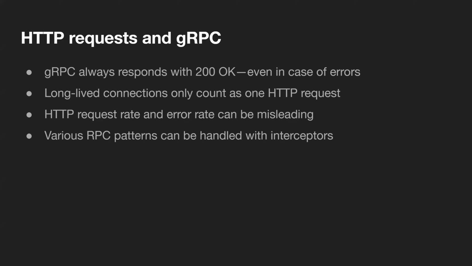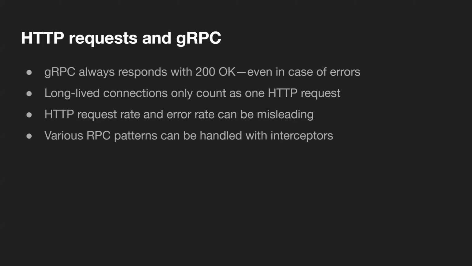So if you, for example, have logging or monitoring or alerting for your services responding with, let's say, 500 status codes, for gRPC, that is not going to work because even if all of your requests are failing, the HTTP status code is still going to be 200 OK. And another similar problem is when you have a long-lived gRPC streaming connection and you are transferring many small messages, that might still count as just one single HTTP request.